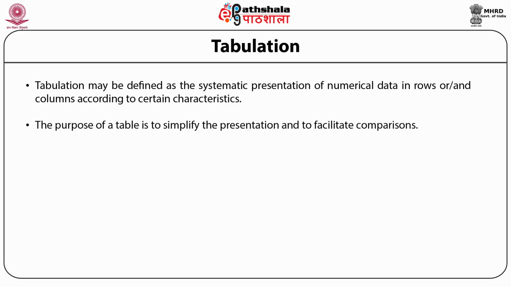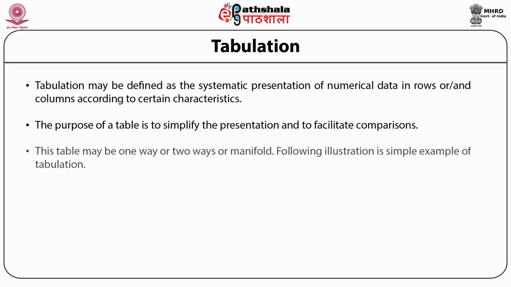The purpose of a table is to simplify the presentation and to facilitate comparisons. A statistical table may be a simple one or it may be a complex one, depending upon the number of variables incorporated into it. This table may be one-way or two-way or manifold. The following illustration is a simple example of tabulation.